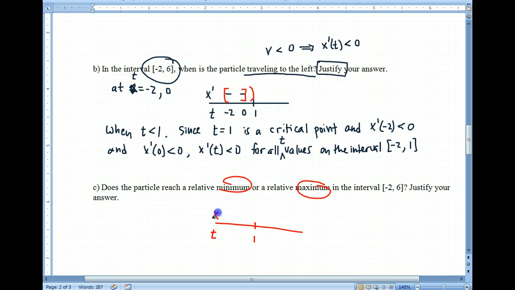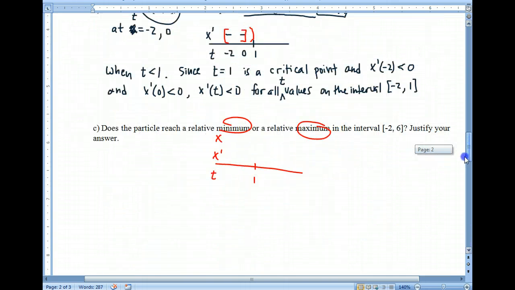So I'm going to be looking at x prime and at x. At 1, is x prime 0? X prime is DNE. If x prime is DNE, I don't know what's going on here yet.